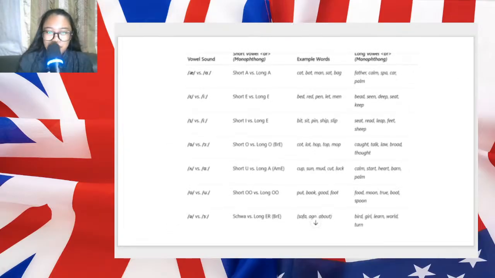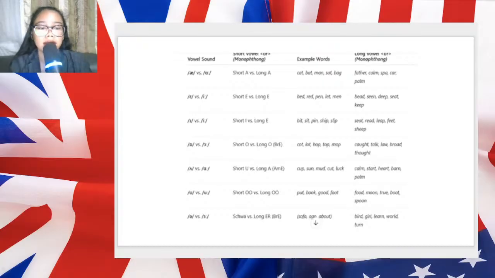Okay, that one. All right. Okay, let's immediately continue. For short vowel sound: bed, red, pen, let, men. For long vowel: beat, seen, deep, seat, keep.